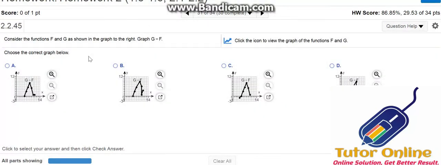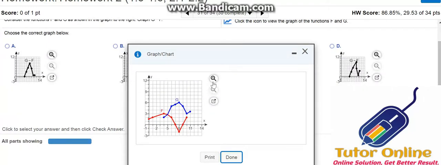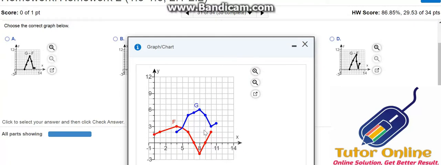So the next question is: consider the functions f and g as shown in the graph. Click the icon to view the graph of the functions. Is this f and g? Minus 8, minus 2, minus 8 and 6.